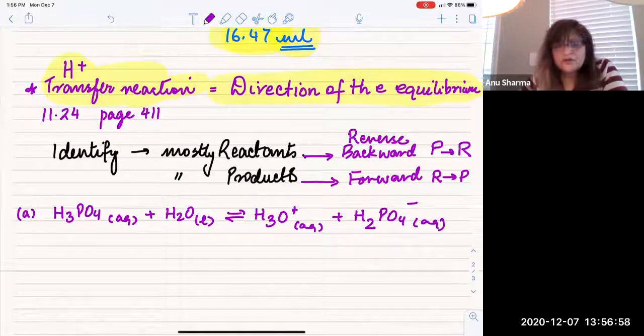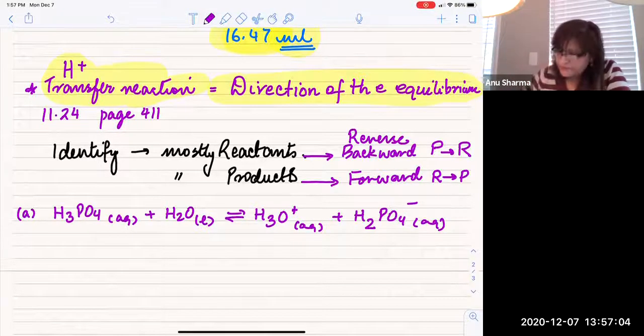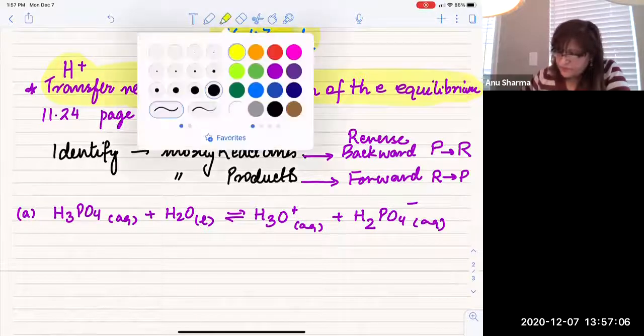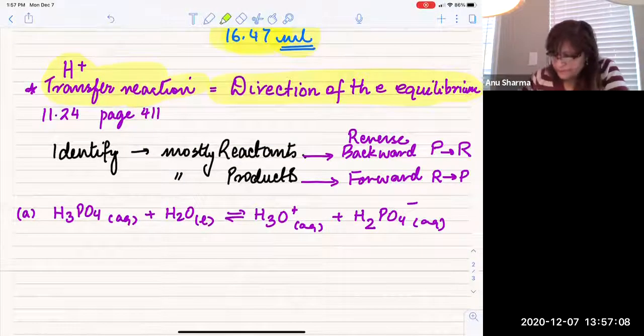The first element is acid, second element is base. Then on the next side, we have the conjugate acid, hydronium, and then the conjugate base, which on that side would be H2 phosphate.